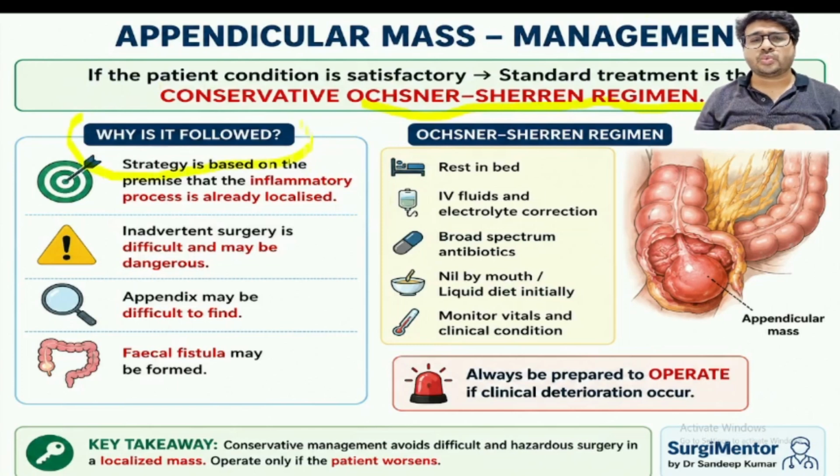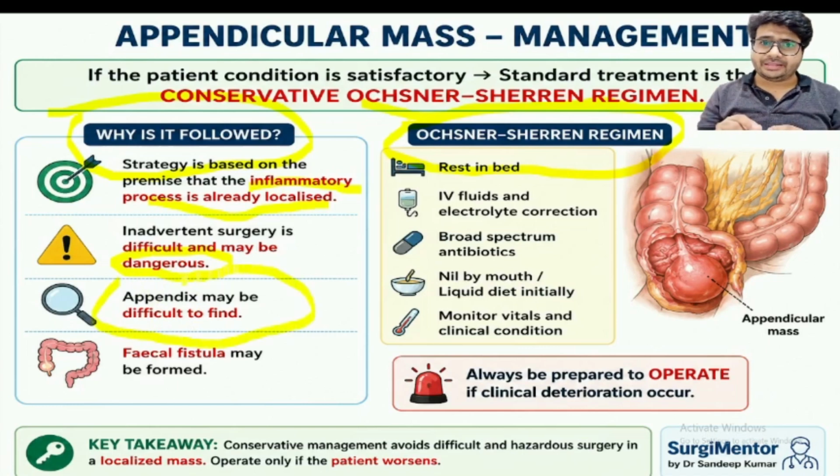The question is why it is followed and what is that? It is followed because if you think that the patient should be operated, it will be dangerous to operate, because everything will be clumped, like small bowel and the omentum. Also, it is considered that the inflammatory process is already localized, so the patient will probably not develop peritonitis.